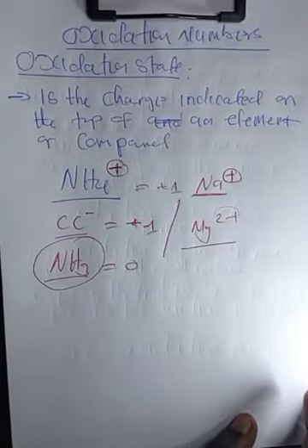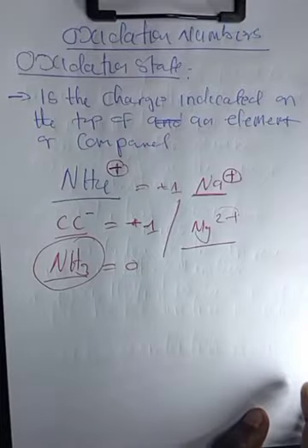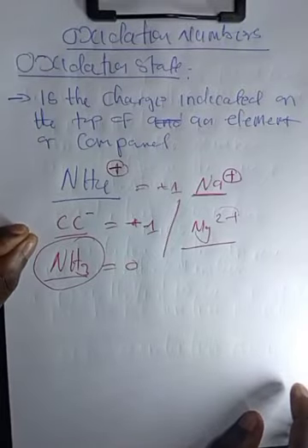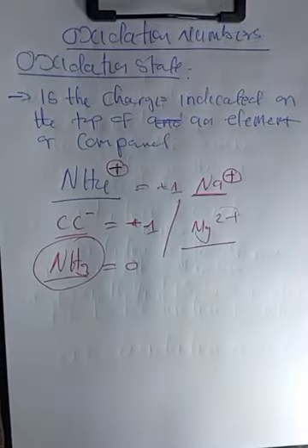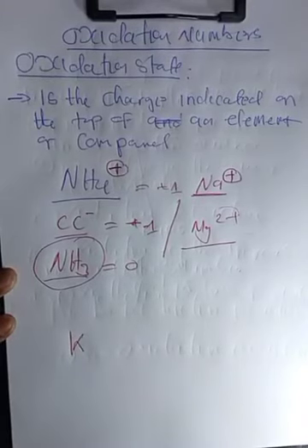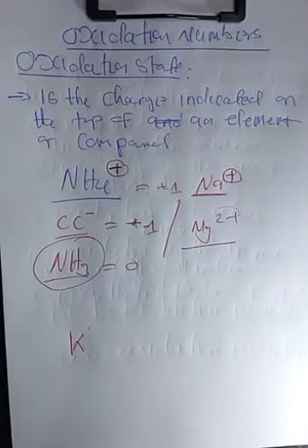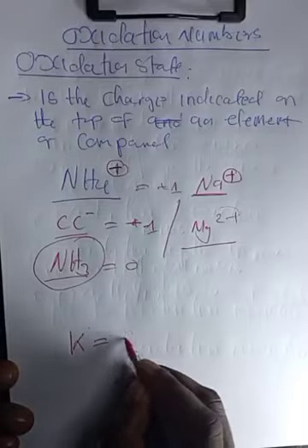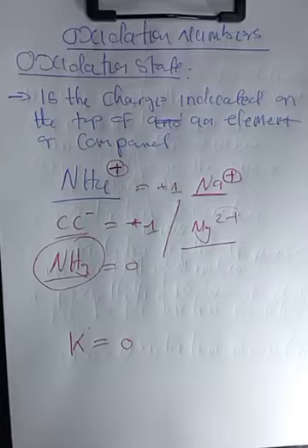So oxidation number in simple terms is a charge that is indicated on top of an element or a compound. If nothing is indicated on top, the oxidation number is 0. For example, if I just write potassium here without indicating anything on top of it, the oxidation number will be 0. I will show you how we calculate this so that we understand.